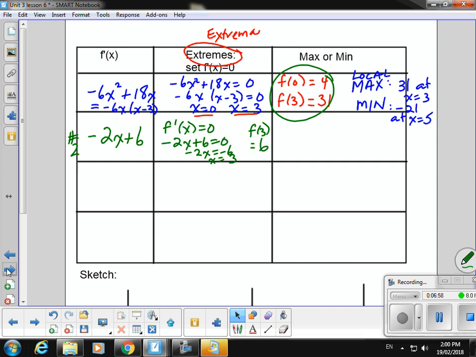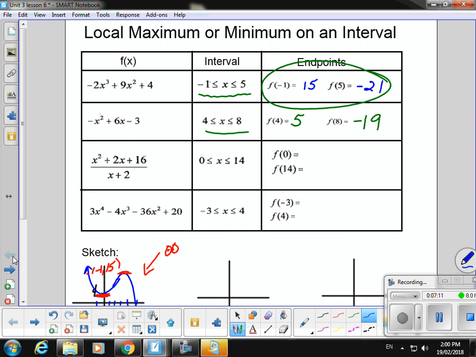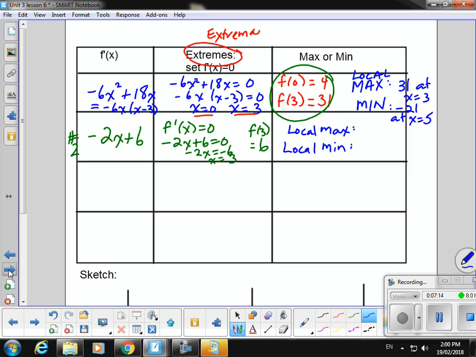So now I'm making a choice. Where is my maximum? When I look at those things, where is my minimum? My smallest value is 5 when x equals 4. And my minimum, oh, sorry, that's my maximum. Well, I got that one kind of backwards.